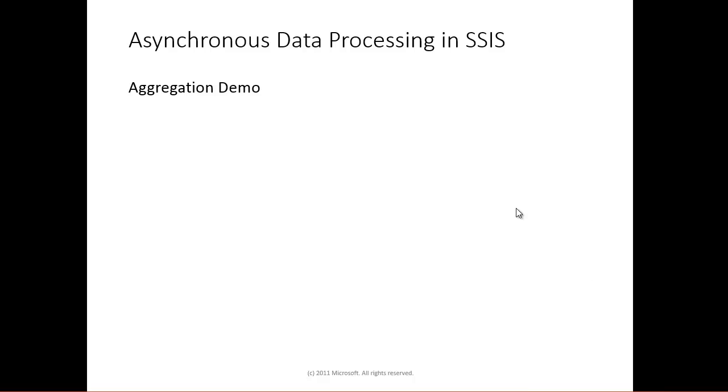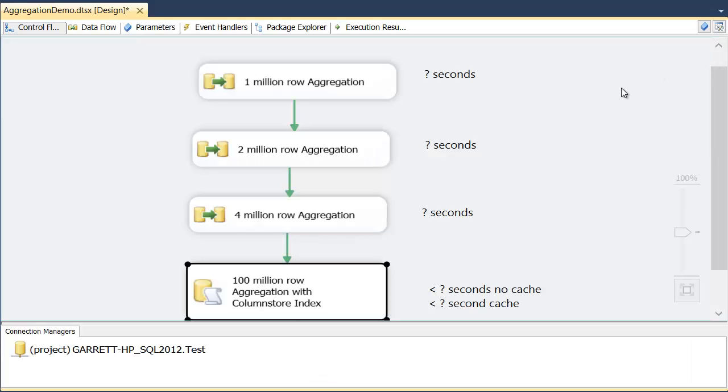So now I will go through a demo of what it looks like when you process data with asynchronous or synchronous transformations. Here I have a very simple package that demonstrates the difference between asynchronous and synchronous transformations, and where you can visually see this occurring.